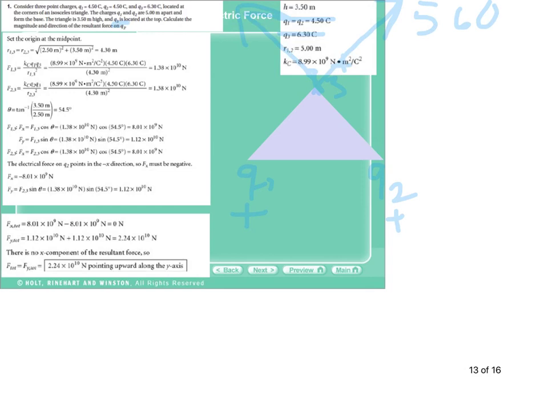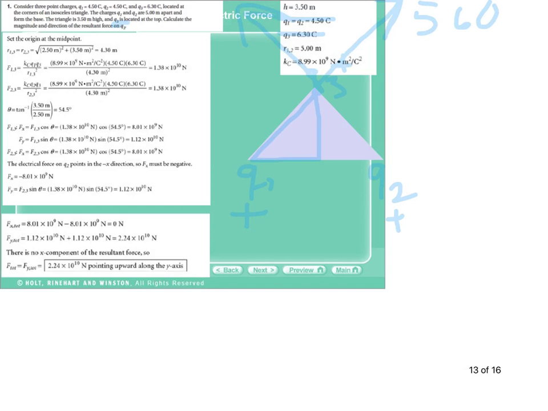Now, we're going to need to use Coulomb's law to figure out how much these forces are. We have the charges, and we need the distance between Q1 and Q3, and between Q2 and Q3. Those distances are going to be the same. If we sketch a little right triangle here, this is an isosceles triangle, so this altitude is going to cut the base in half.